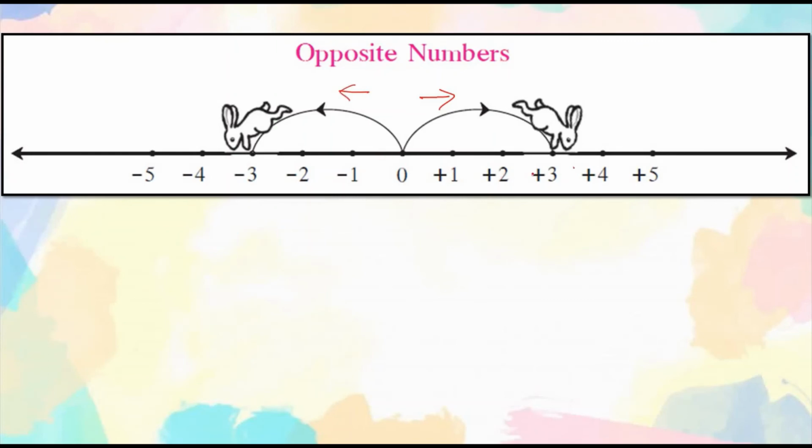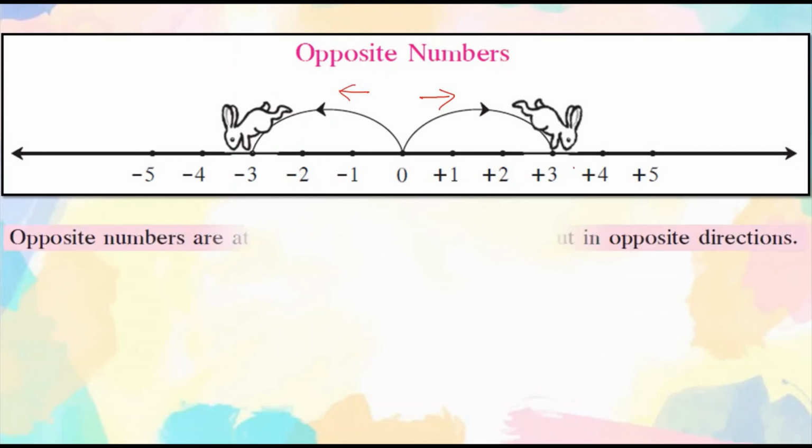So we have +1, +2, +3 on the right side, and -1, -2, -3 on the left hand side. Opposite numbers are the same distance from 0 but in opposite directions, which means they are at the same units from 0. See, +1 is 1 unit from 0 and -1 is again 1 unit from 0. They are at the same distance, but only the signs are different.